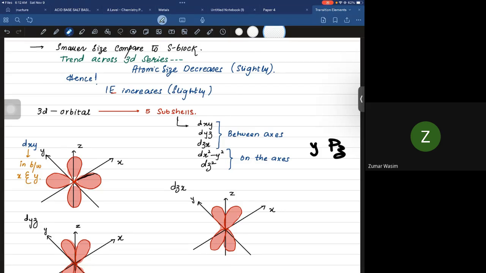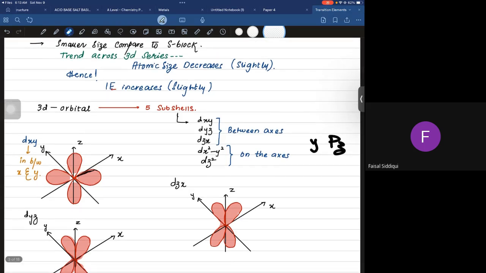Okay, dxy, dyz and dzx, then dx square y square and then dz square. So there are 5 orbitals of the D subshell, and you need to memorize their names. What are the names of the D orbitals?